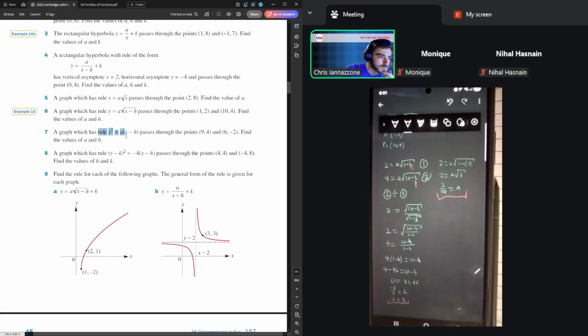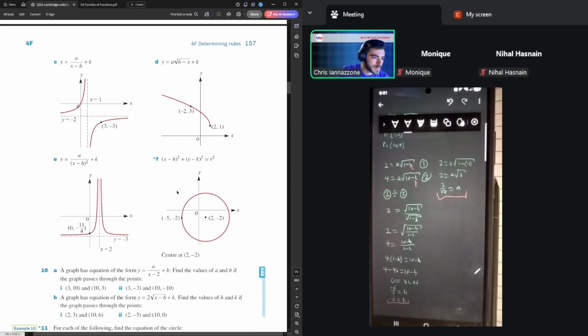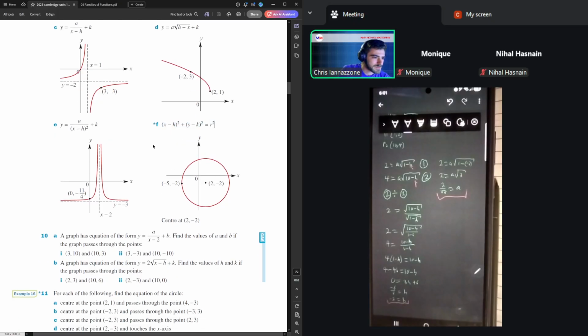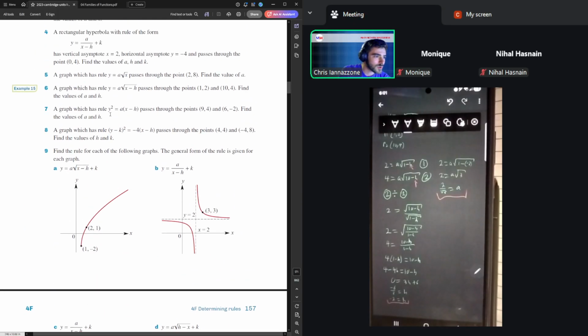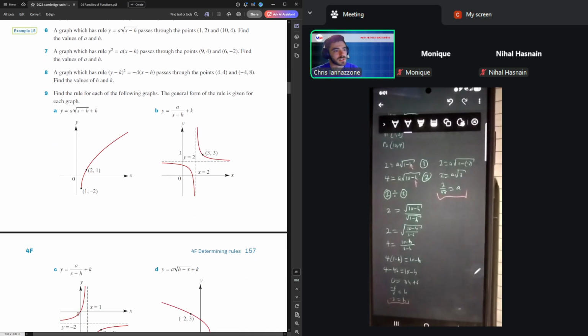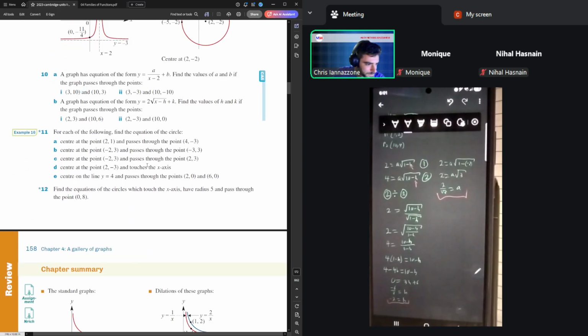We did briefly cover what the graph of y squared equals x would look like, but only because it helped us with understanding why the root looks the way it does and why we sometimes get strange and interesting behavior with it. In fact, we didn't touch circles at all. Anything circle related or y squared equals x related has never made an appearance in an exam and is not explicitly in the study design. So don't feel like you have to be doing those as well in your private study.